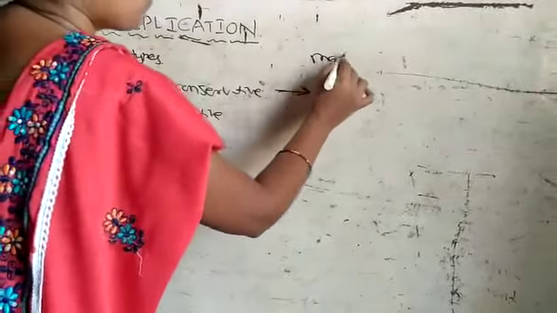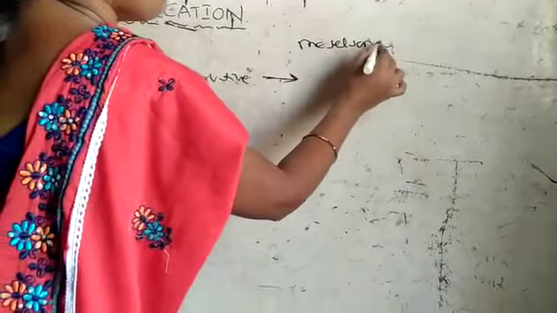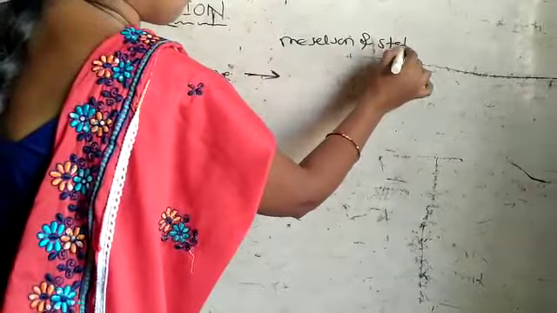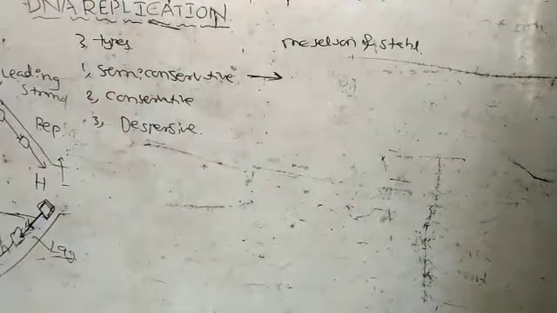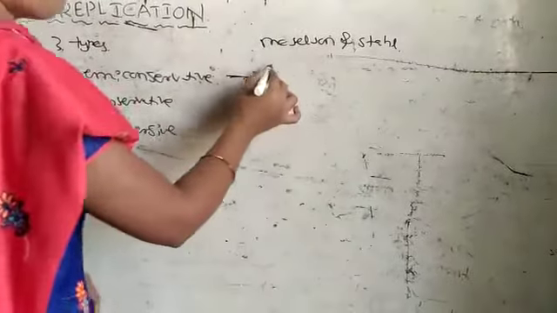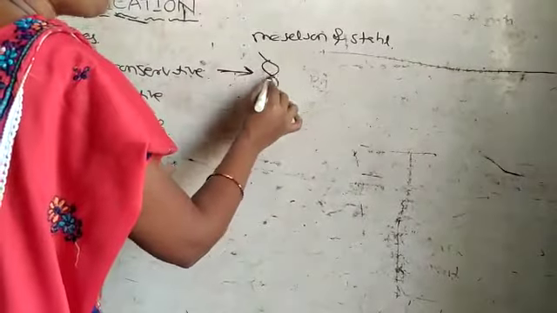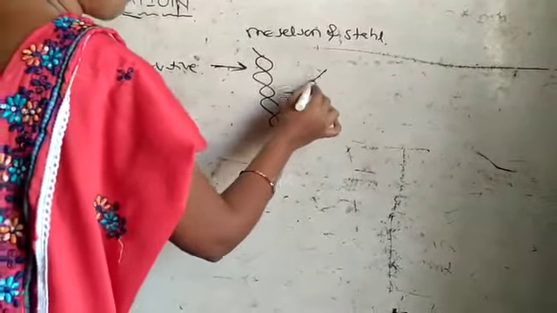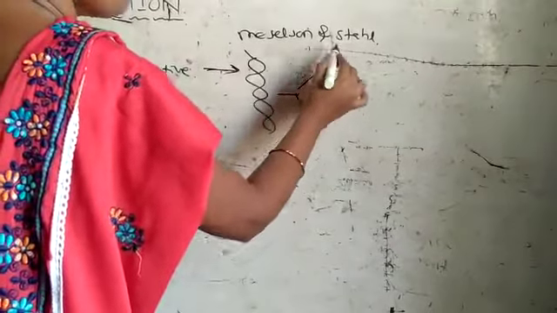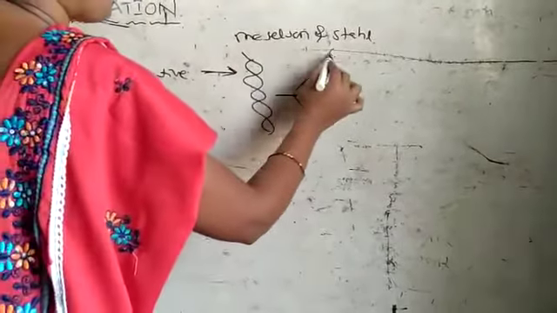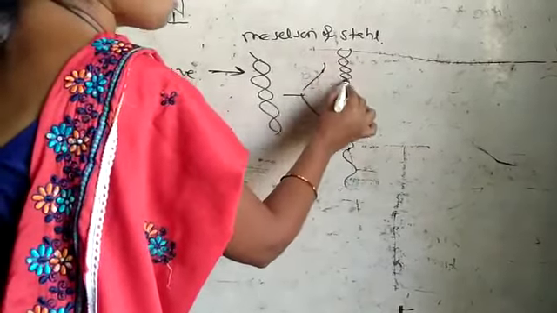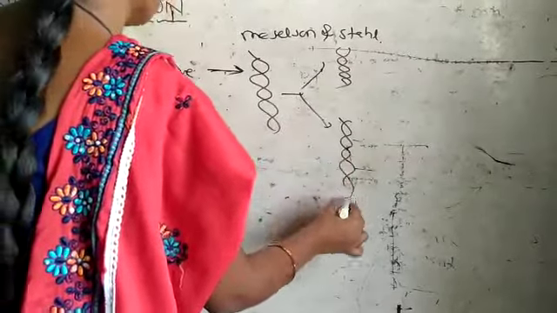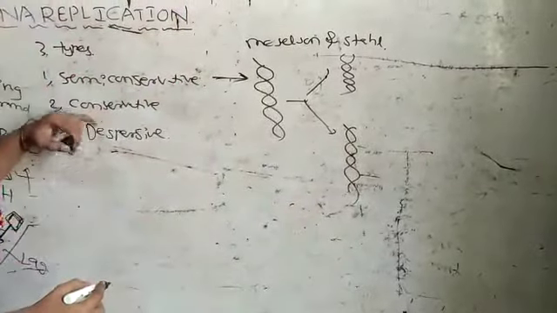Then Meselson and Stahl experimentally proved the semi-conservative mechanism. In the semi-conservative mechanism, each DNA molecule contains one parental strand and one newly synthesized strand.